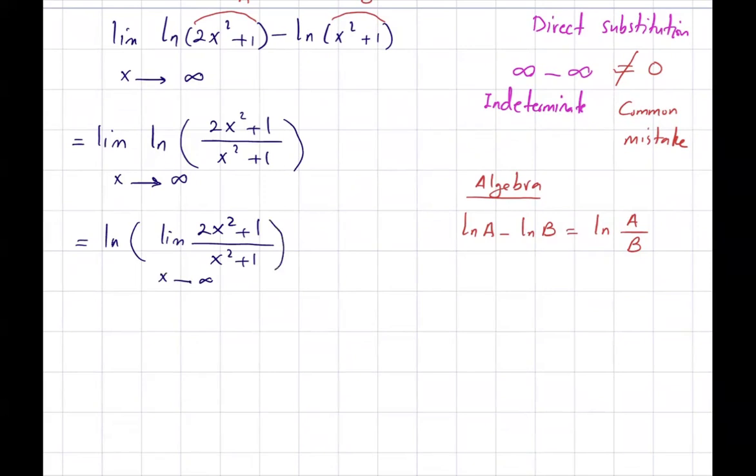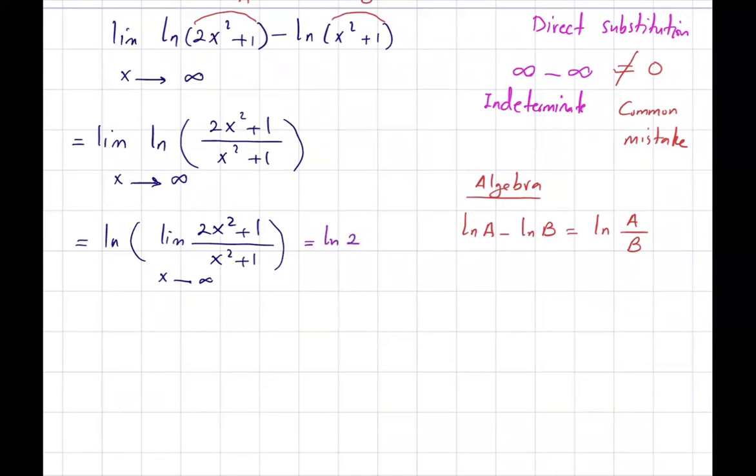Intuitively, you can say that at infinity, I can ignore constant values, 1 and 1. I get 2x squared divided by x squared, which is just 2. So I end up with ln of 2.